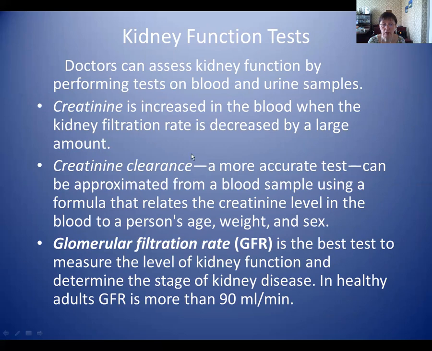We can also check creatinine clearance, a more accurate test, and then we can use a specific formula that relates the level of creatinine and the person's age, weight, and sex, and we can estimate the so-called glomerular filtration rate, GFR. And nowadays it is the best test to measure the level of kidney function and determine the stage of the kidney disease. In healthy adults, GFR should be more than 90 milliliters per minute.